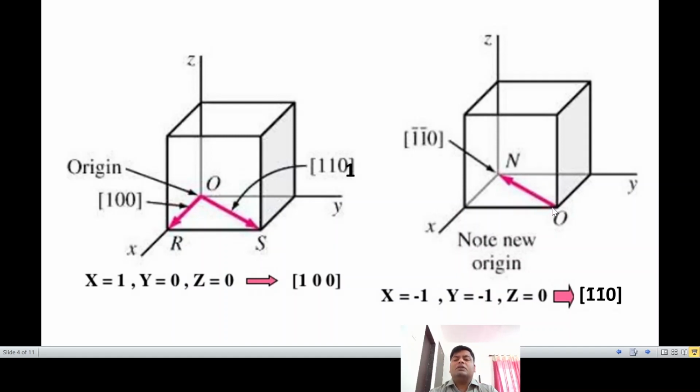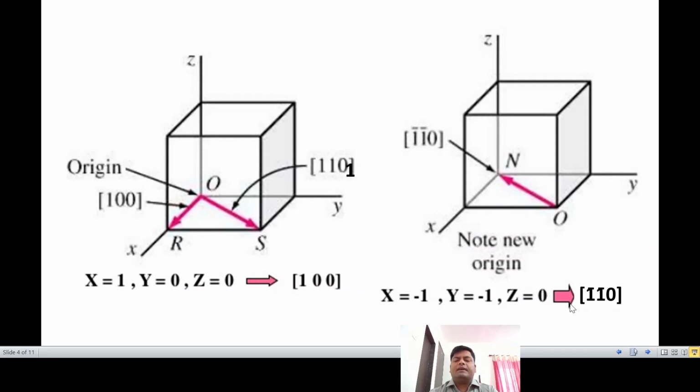As we know, the vector is in a backward direction, so the x-axis distance will be minus 1a, and the y-axis distance will be minus 1b, which is from over here in this direction, and z will be 0c. So minus 1 along x, minus 1 along y, and 0 along the z direction.